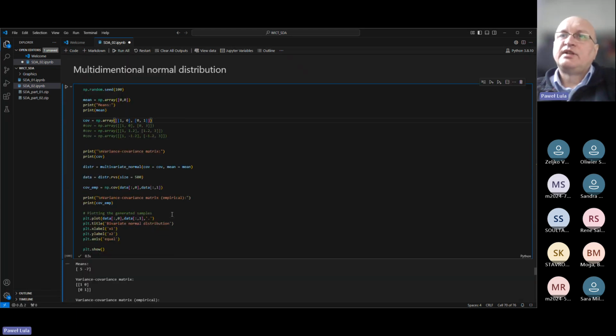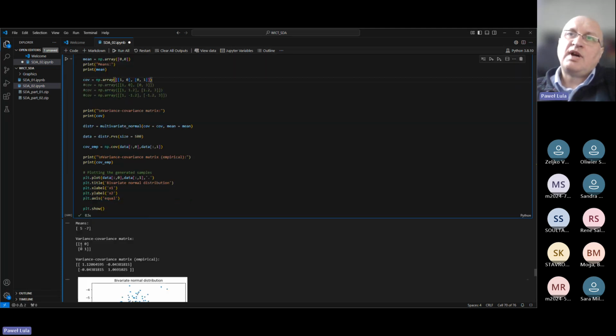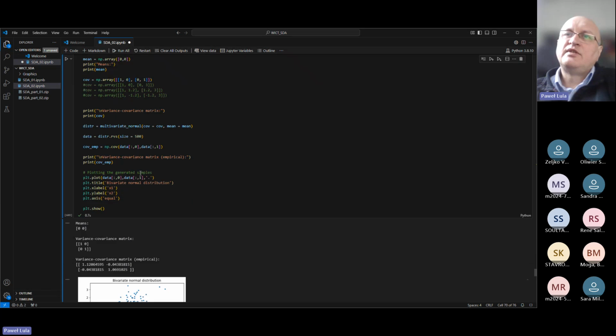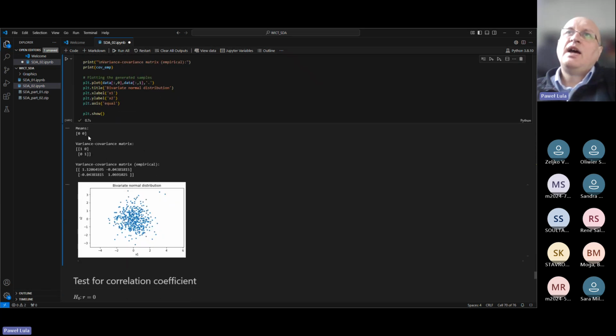And the second parameter is the variance-covariance matrix. Now it has this form: in the first row 1, 0, and in the second 0, 1. We know that on the main diagonal we have variances, which we can use for calculating standard deviations.